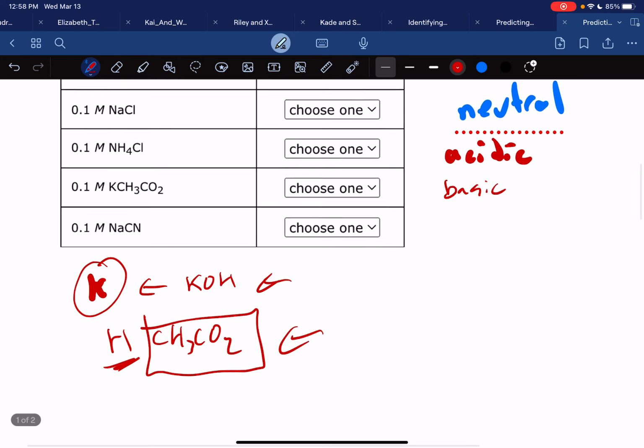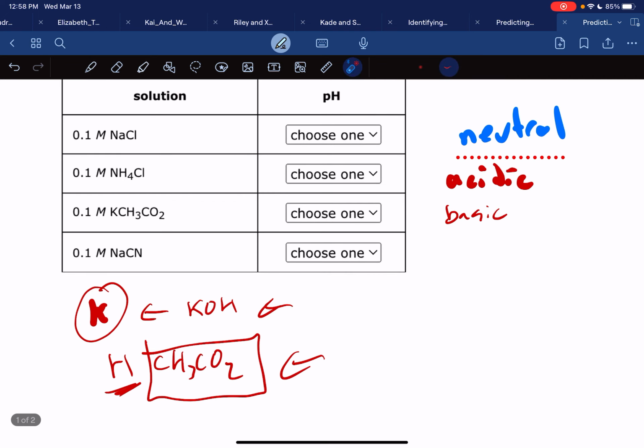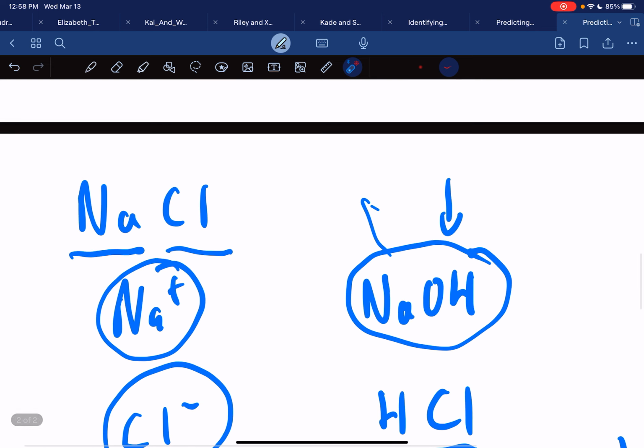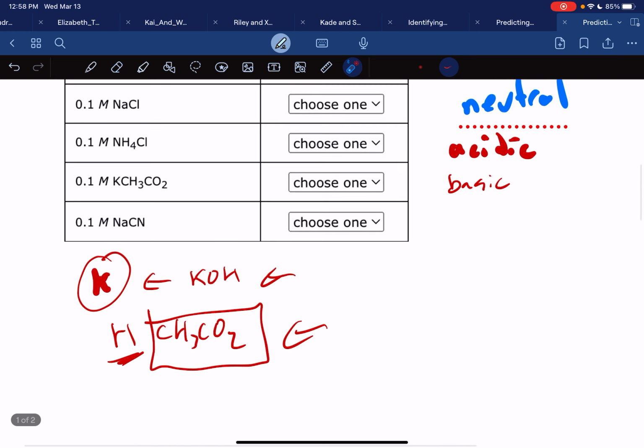And then lastly, again, kind of similar to what we had at the beginning, we have Na and CN. Now, remember, we said before that Na is the conjugate of NaOH. Therefore, Na is a pathetic acid. And it might help you if you think about it like a teeter-totter. On one side you have your Na plus, and on the other side, you have your CN minus.